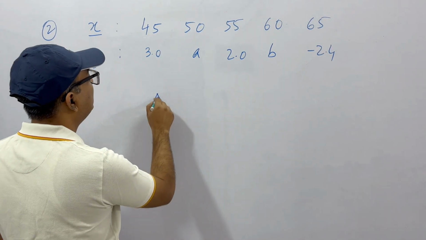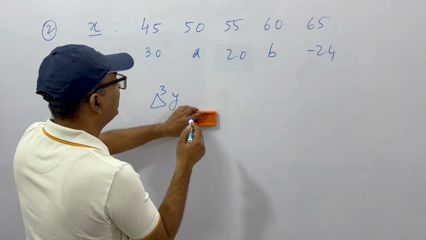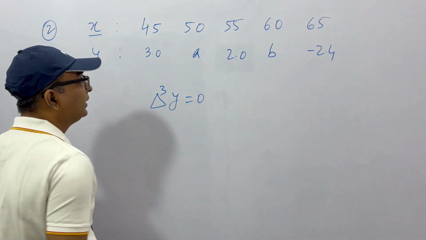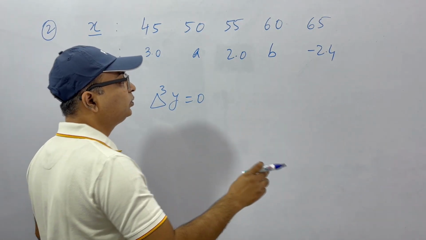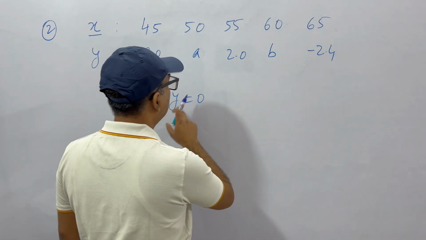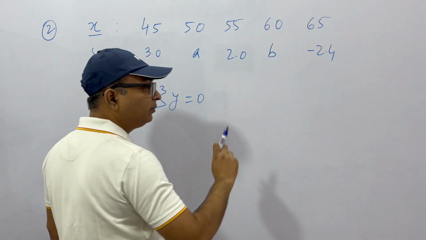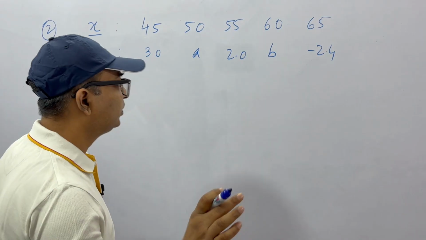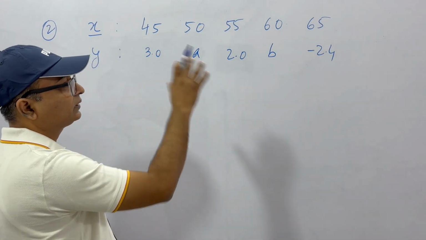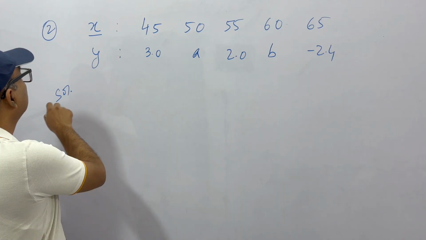This means delta 3 y0 and the following terms will be 0. Since we have two missing terms, you will have two equations in the delta 3y column. Equating them equal to 0, you will get the values of a and b. So your task is to construct the table and find it. We'll solve this question by the second method.